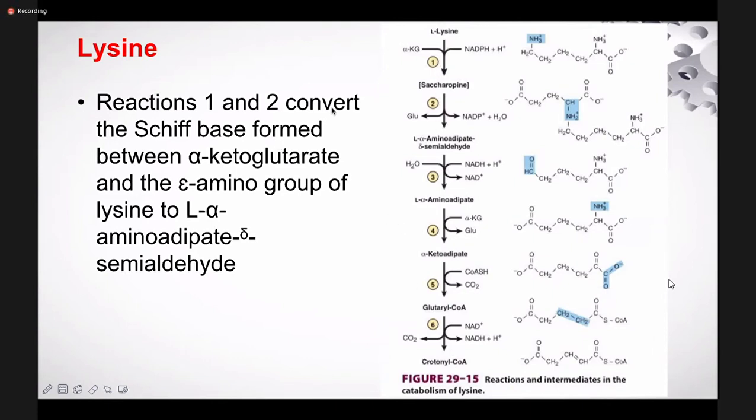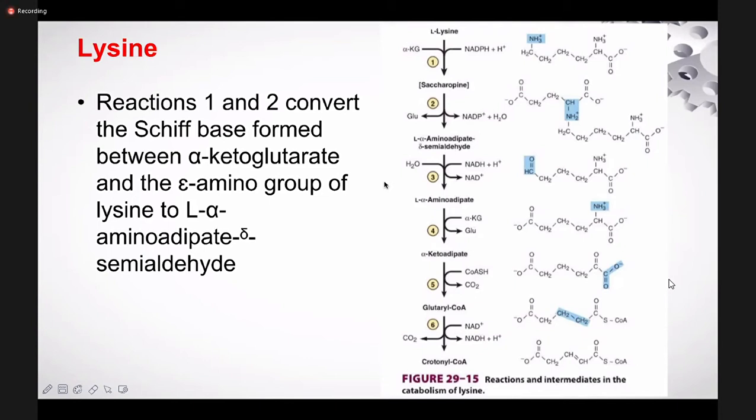So reactions 1 and 2 convert the Schiff base formed between alpha-ketoglutarate and the amino group of lysine to aminoadipate semialdehyde. If we can recall from the biosynthesis, a Schiff base is formed between alpha-ketoglutarate and the amino group of lysine.